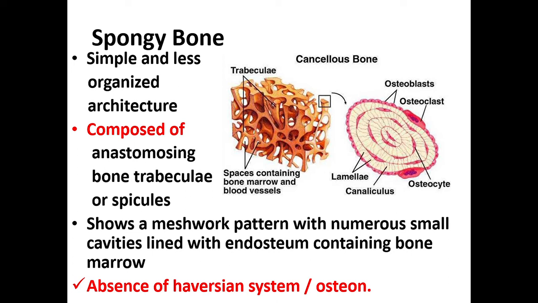But this is not yet the Haversian system. In this illustration, we still have the osteoclast, and what is not shown here is the Haversian canal at the center. So take note, absence of Haversian system or absence of osteon.